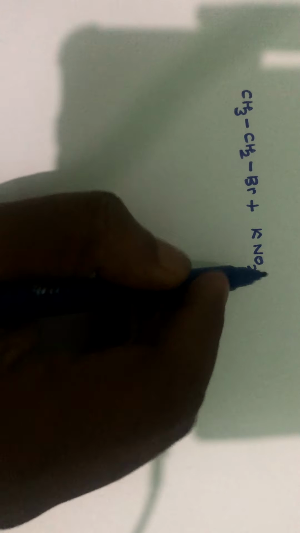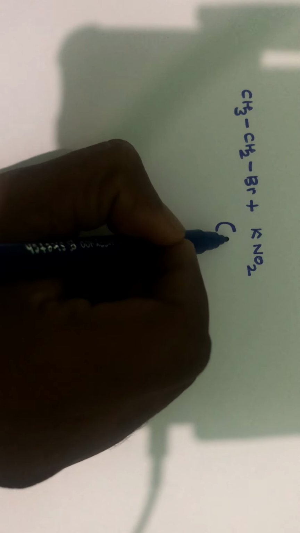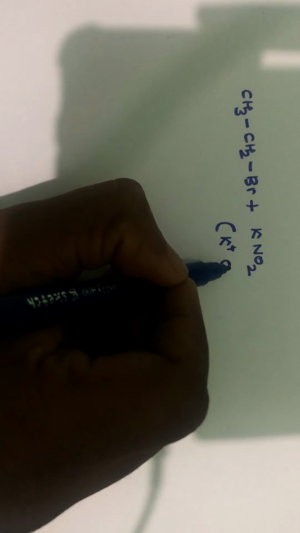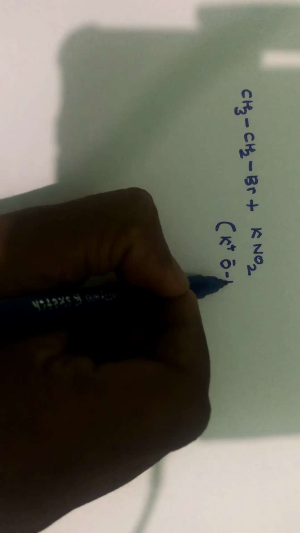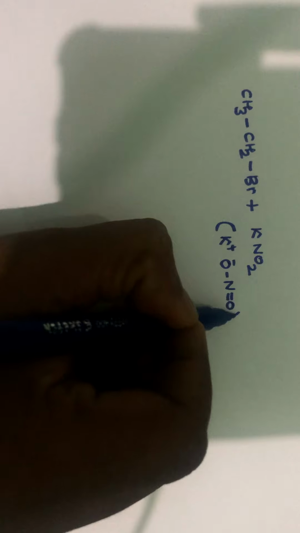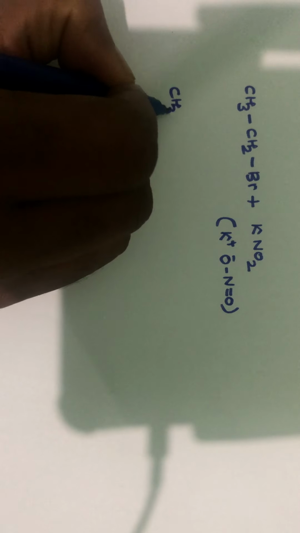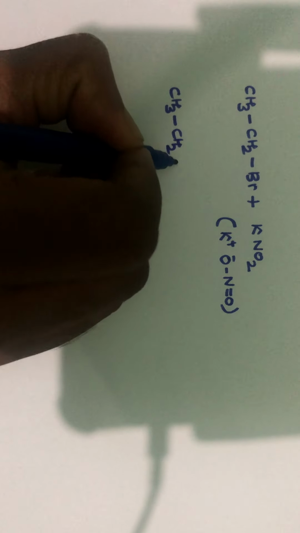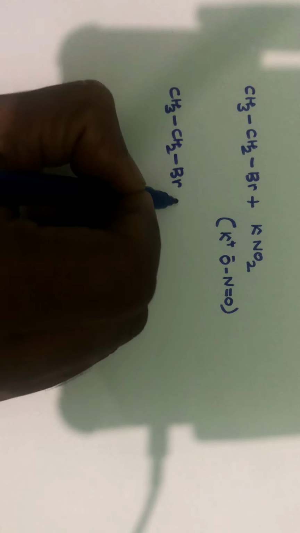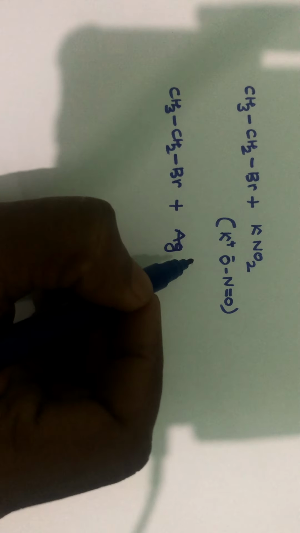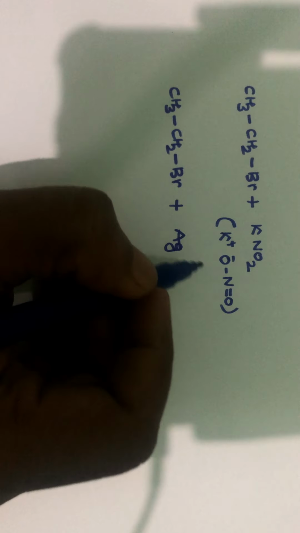potassium nitrite. Potassium nitrite is like this: K plus, O N double bond O, ionic. Same, CH3CH2Br, ethyl bromide, plus silver nitrite.